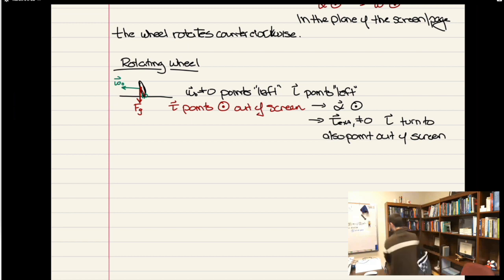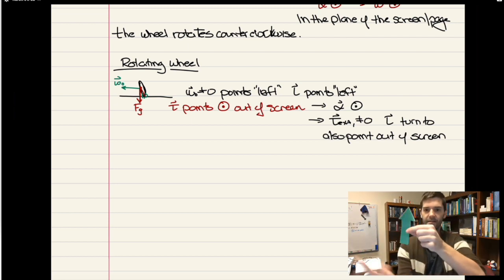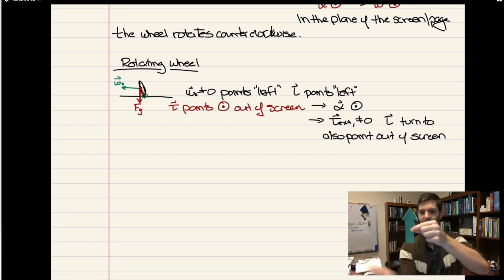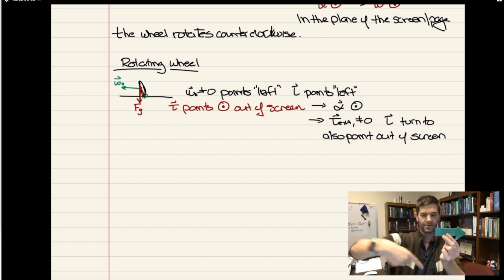Maybe I'll just grab a vector. All right, if this is my angular velocity, then the system itself is rotating, again by the right-hand rule, something like this. But then as the angular velocity rotates, the entire system starts to rotate in a different direction as well.